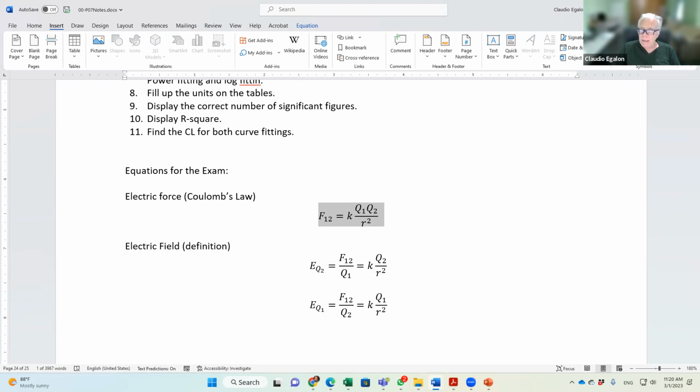And electric field lines, there is no formula there, but there is some interpretation. Gauss's law.